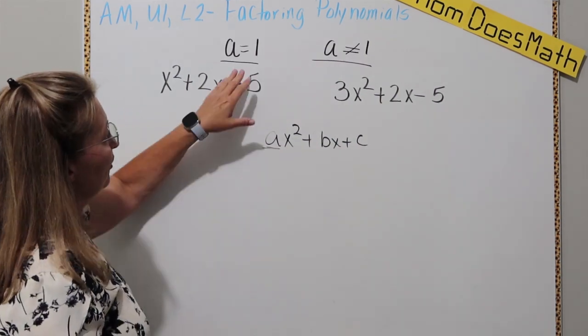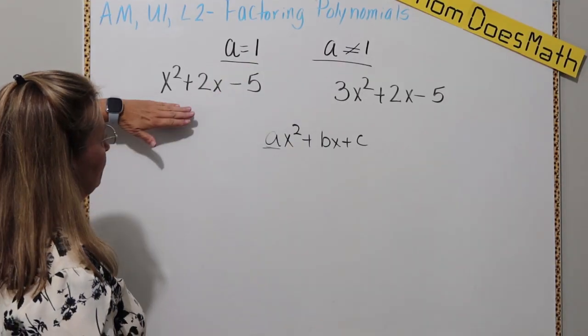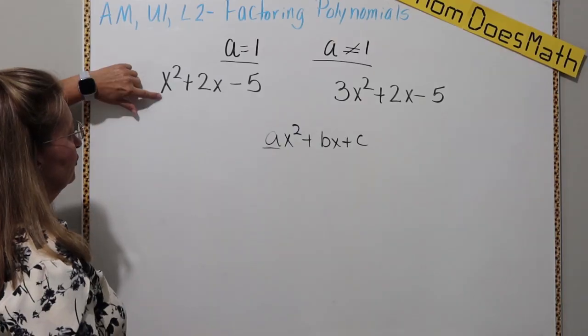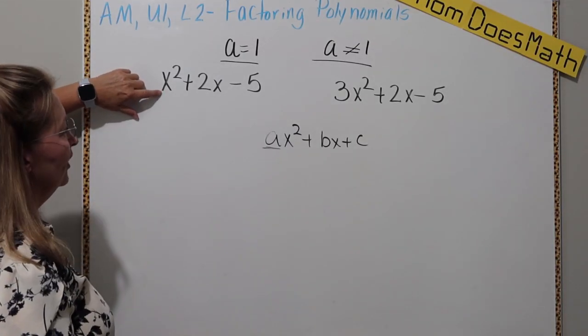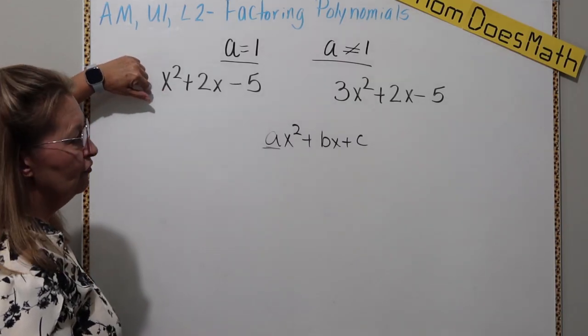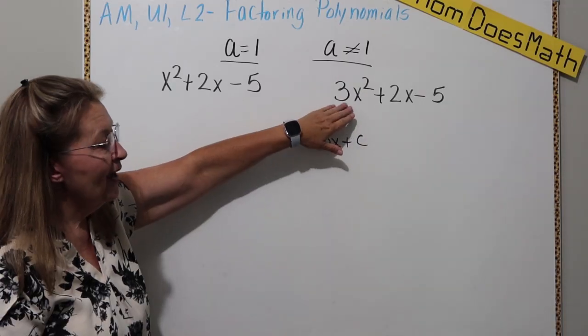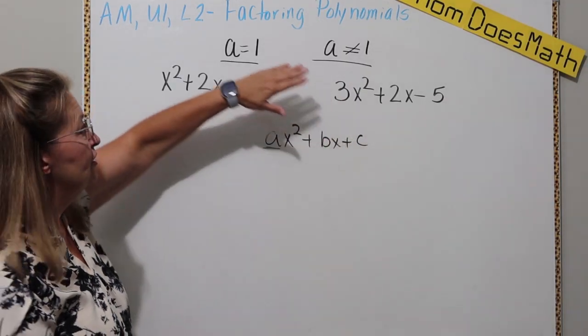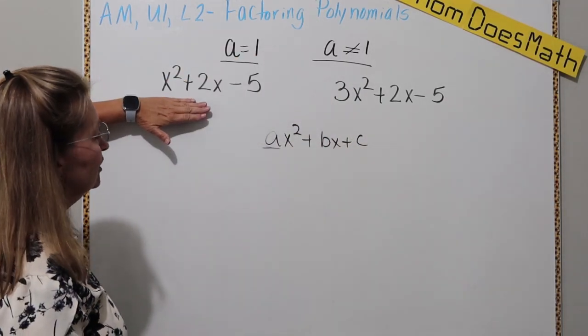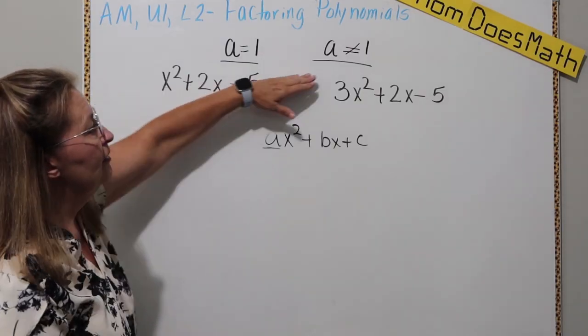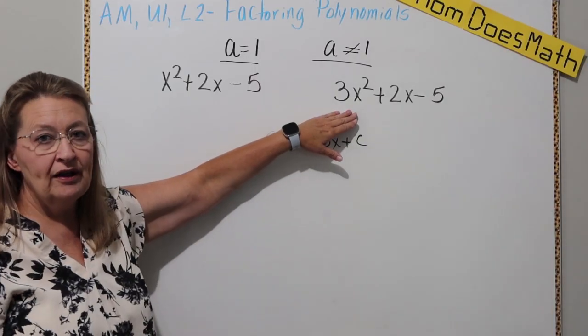So what I'm talking about when I say a is equal to 1 is going to be a trinomial that looks like this. Your squared term, your quadratic term, has a coefficient of 1. For example, this one, your quadratic term has a coefficient of 3. So this would be an a is equal to 1 trinomial. This would be an a is not equal to 1.